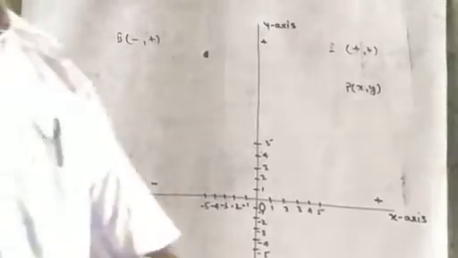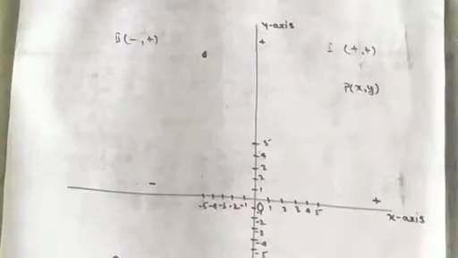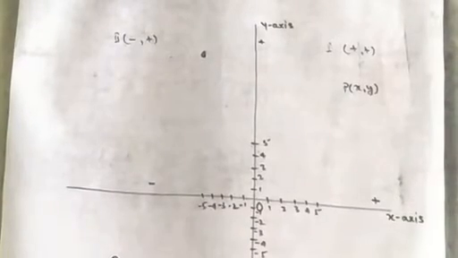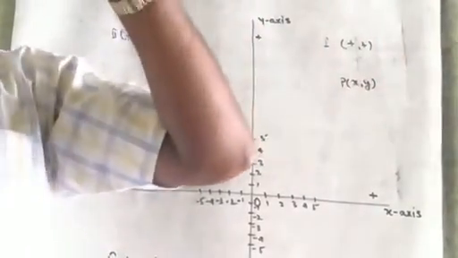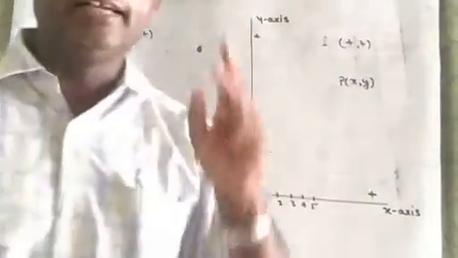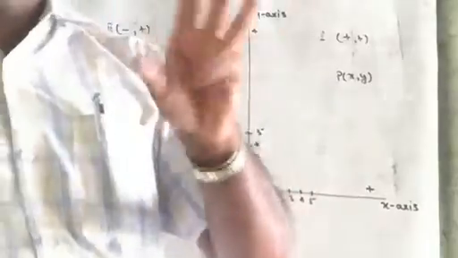And the third type of question: plot the points on the graph paper and find the area formed by joining these points. Then only these three types of questions.